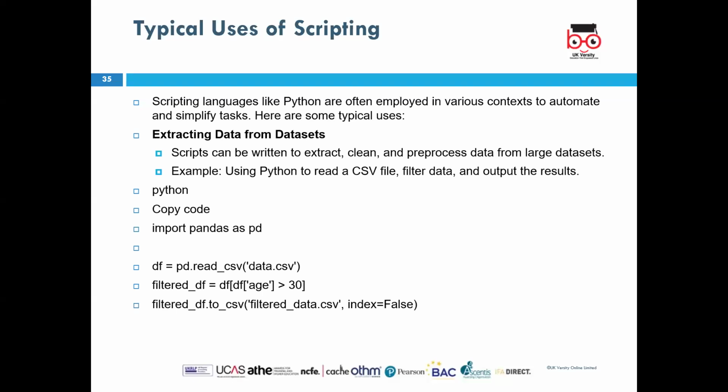Here we can look into typical uses of scripting. Python is often employed in various contexts to automate and simplify tasks. It is very useful for extracting data from datasets. Scripting can be written to extract, clean, and process data from large datasets. Python can be used to read a CSV file, filter data, or output the results.